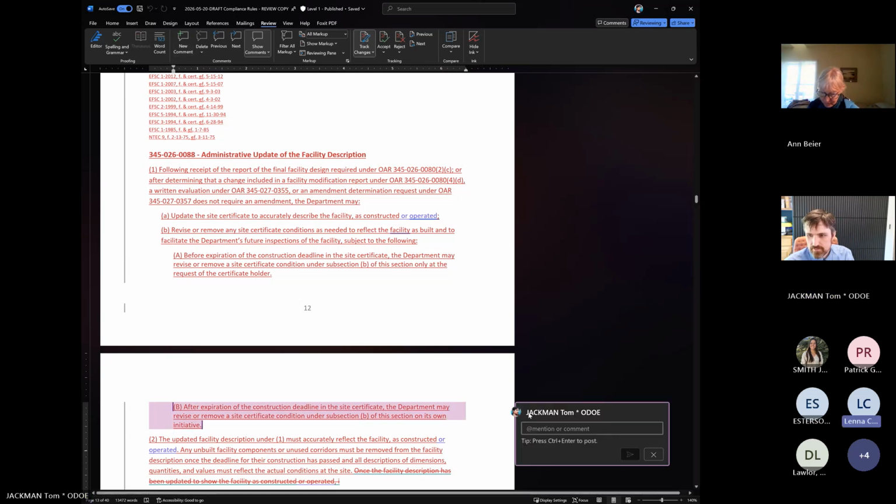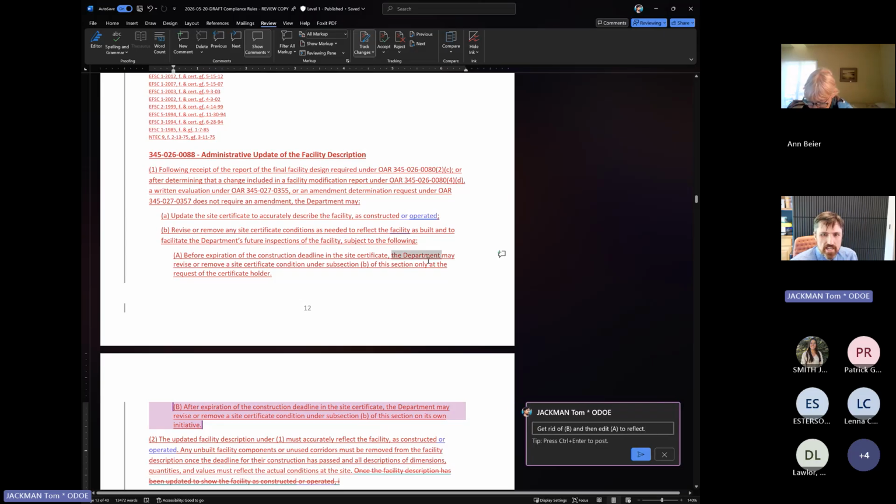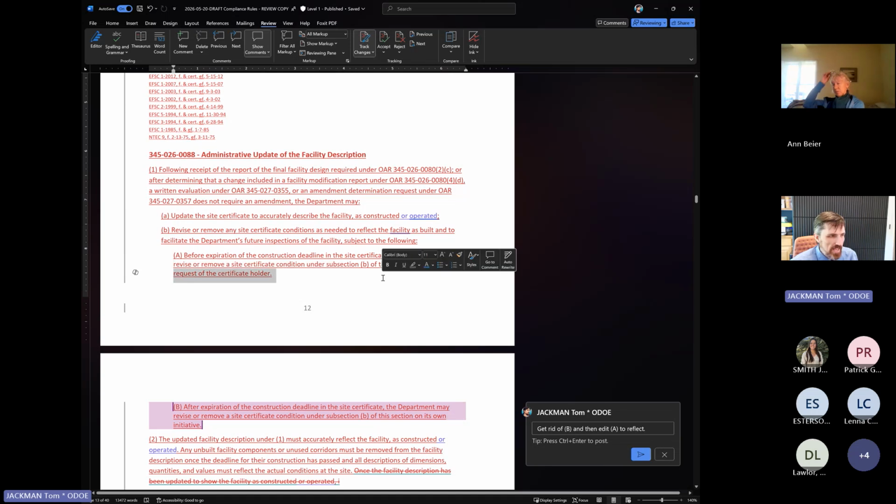I don't know if you'll be able to just keep A the way it is, because one deals with before expiration of a construction deadline, and then one is once the deadline has expired. Why would we have a before? It just says this is a restriction. It says we can't edit anything, even if we wanted to, unless the certificate holder asks us to. Like if they knew they weren't going to build it out and said, we're never going to build this other thing, they don't need to wait till the construction deadline.